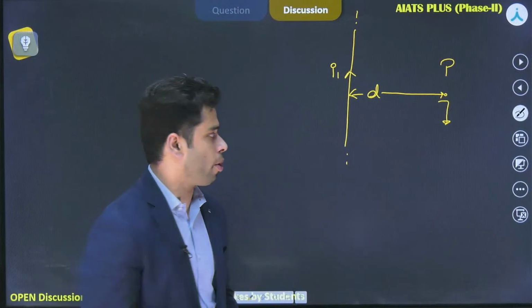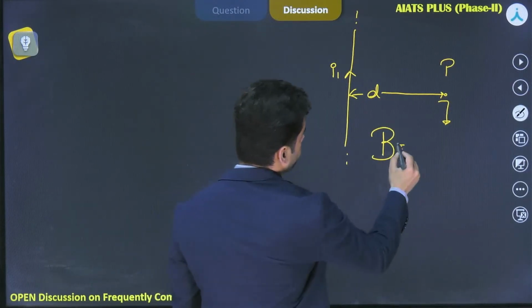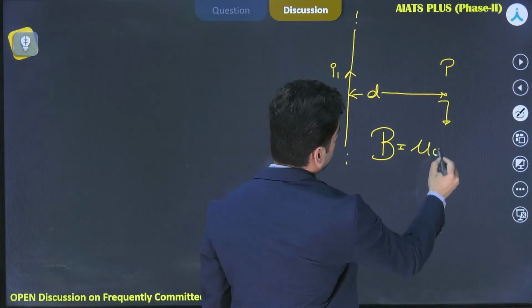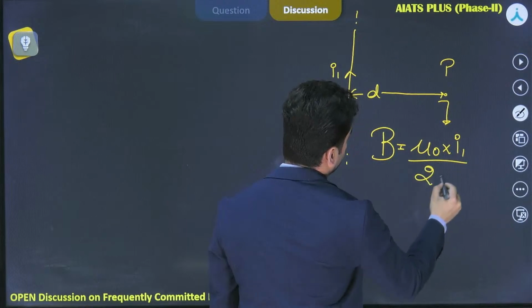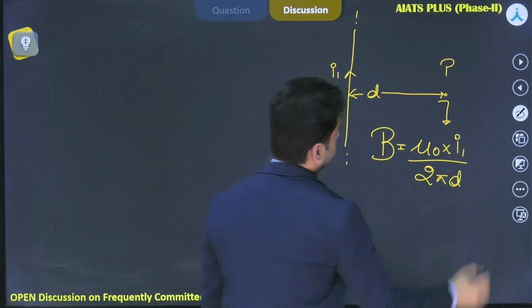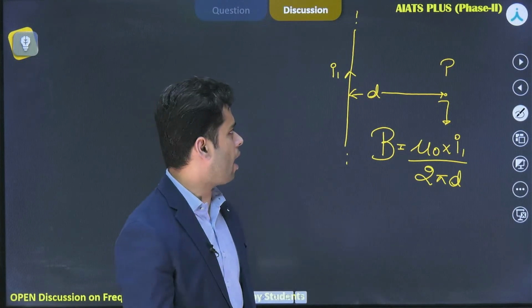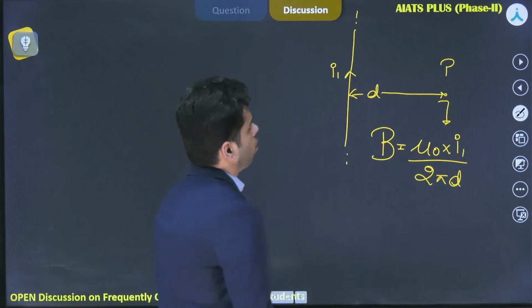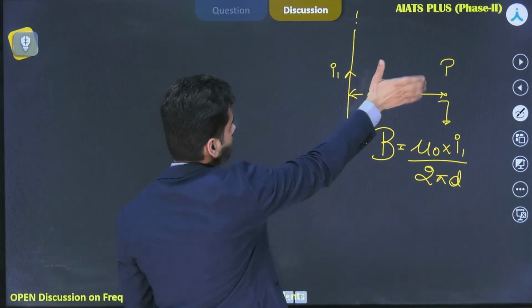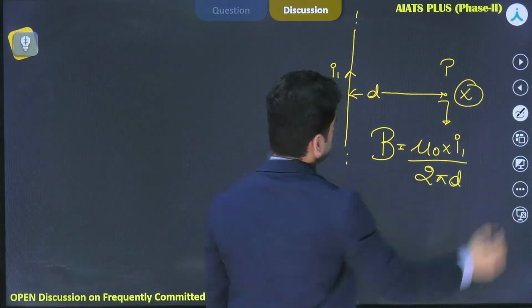So magnetic field B at this point will be equal to mu naught into I1 over 2 pi d. This is the magnitude of the magnetic field, and if you want to know the direction, you can place your thumb in this direction and the finger curling will give you the direction, so it is into the plane.